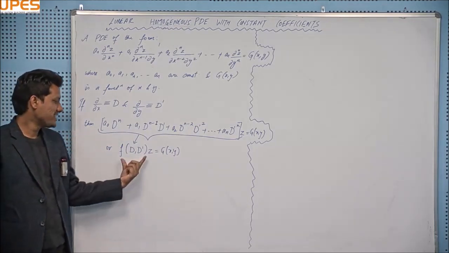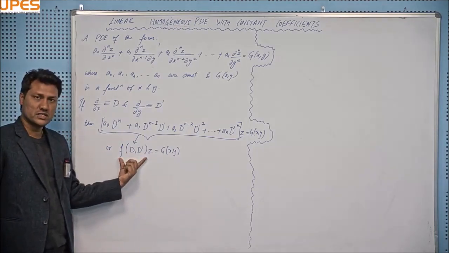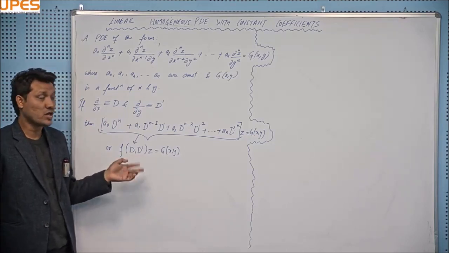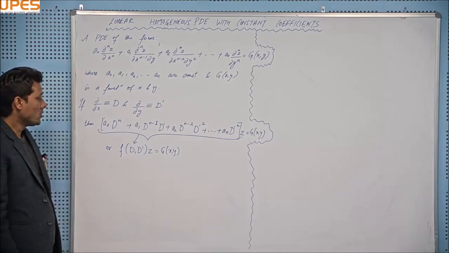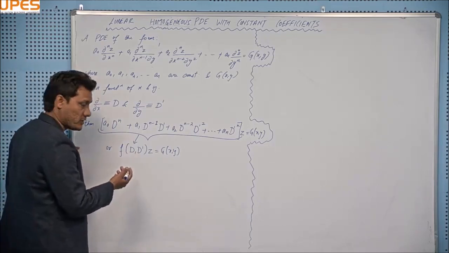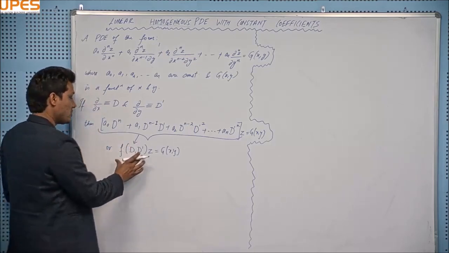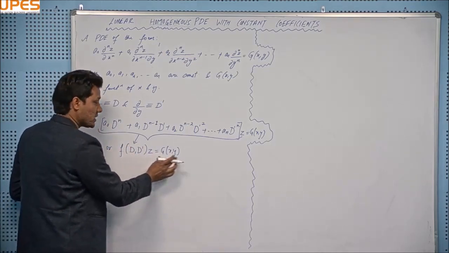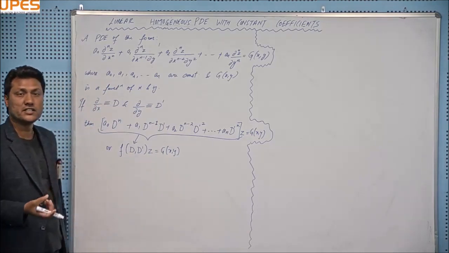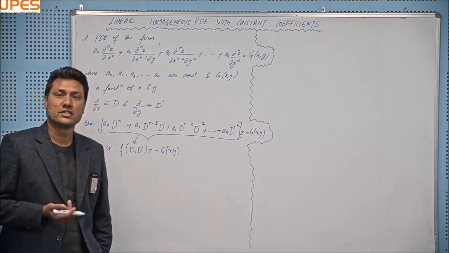Notice that this is a kind of operator containing the partial derivatives with respect to x, y, and mixed derivatives also. Or you can think in another way that it is like a function of D and D dash, which when operated on z gives g x y, meaning a function needs some input and gives some output.